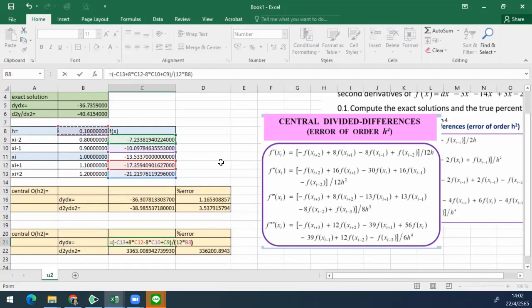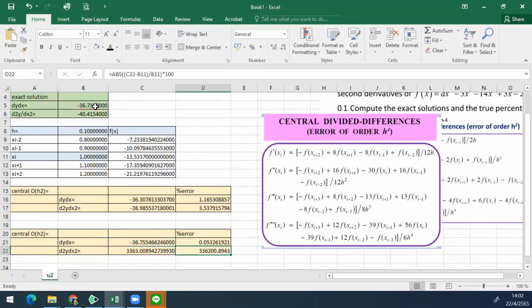Okay, so then we have the solution like this. The percent error is reduced when we apply the high accuracy formula.